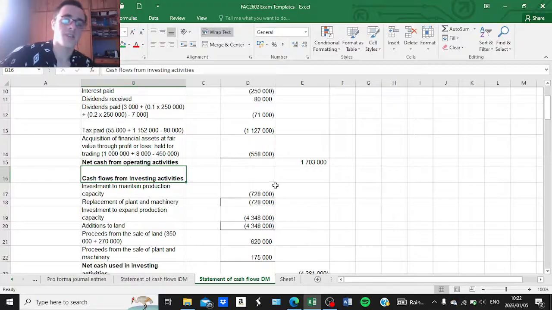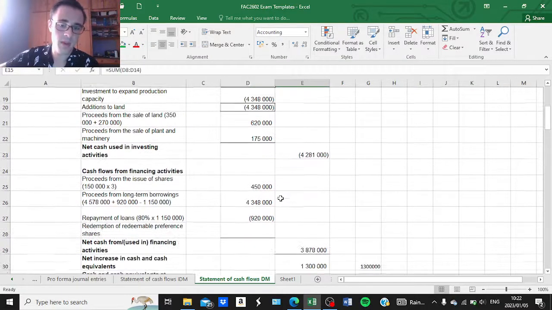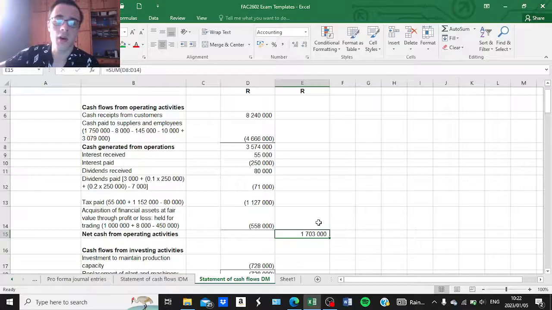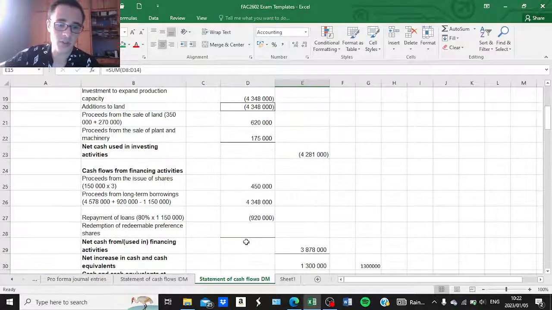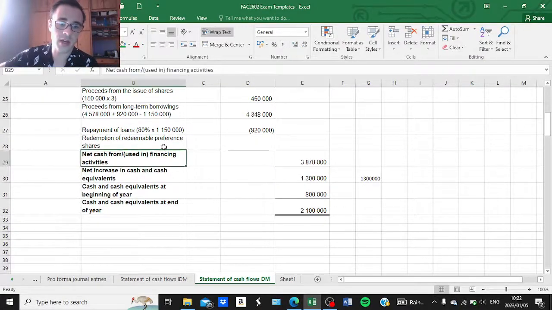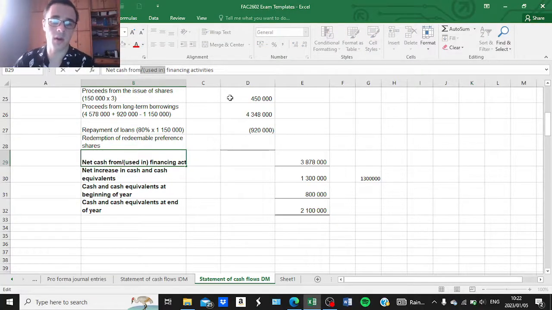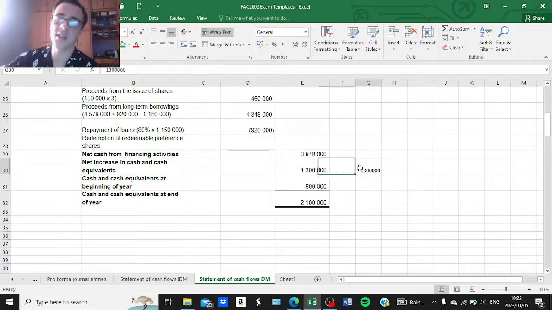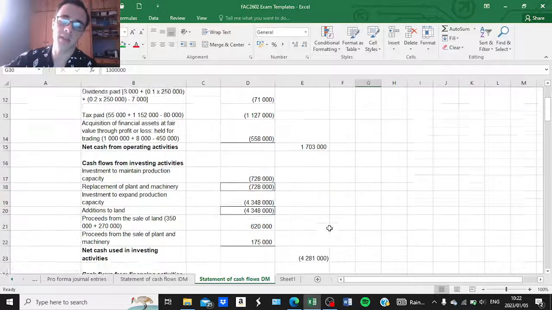Which is why I emphasize that it's important for you to focus while doing your calculations. All right, so after you have drafted the statement of cash flows, you should arrive at an amount of 1.3 million as the net increase in cash and cash equivalents, which we have determined to be the correct amount at the beginning.